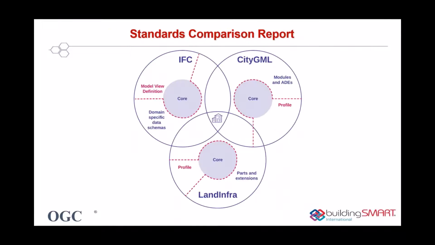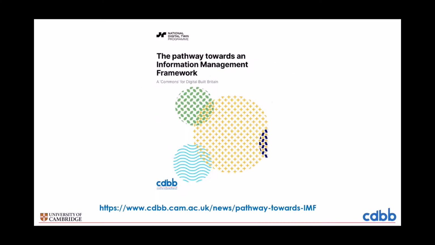It's been looking at the different approaches and how we can get a convergence, or at least be clear on the specific applicability of each approach and how they can work together. But what we really want to do is work towards an information management framework which facilitates that convergence.